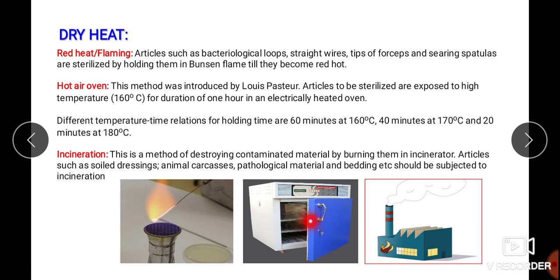Here the second image is of an oven, and the first image shows sterilization of a transfer needle. Here we can see the red hot wire loop.